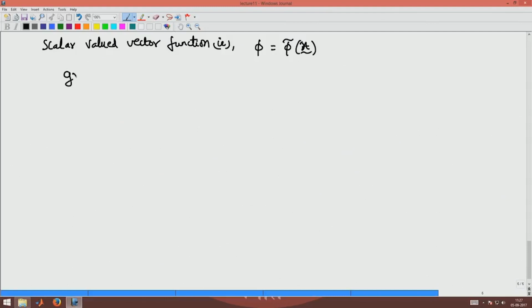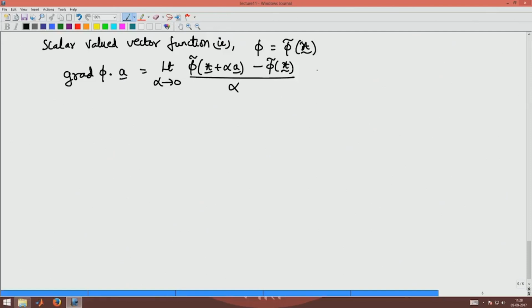Now, gradient of phi dotted with a is defined as the limit as alpha tends to 0 of phi tilde of x plus alpha a minus phi tilde of x, divided by alpha.